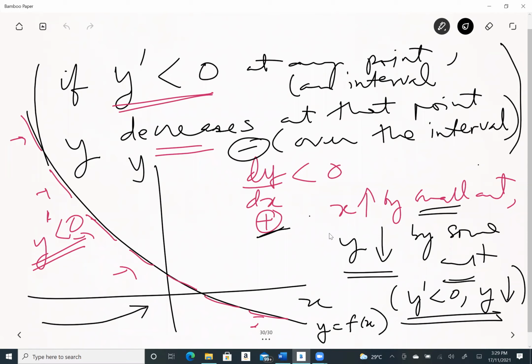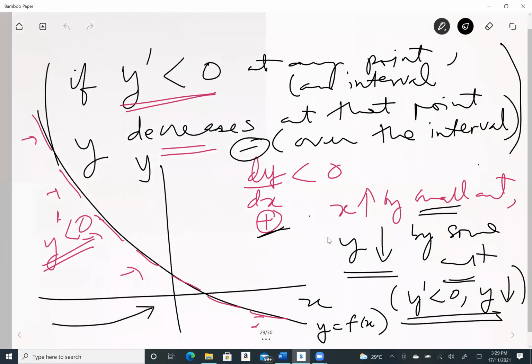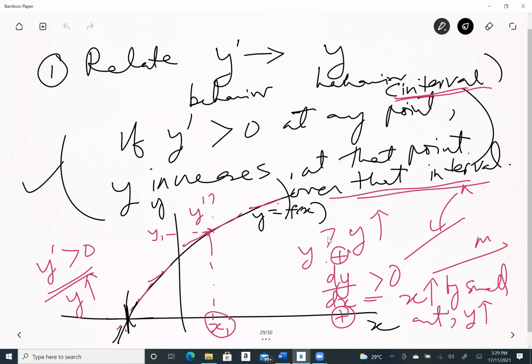We can see that when the derivative is negative over an interval, the function is decreasing. And if the derivative is positive over that interval, then the function is increasing.